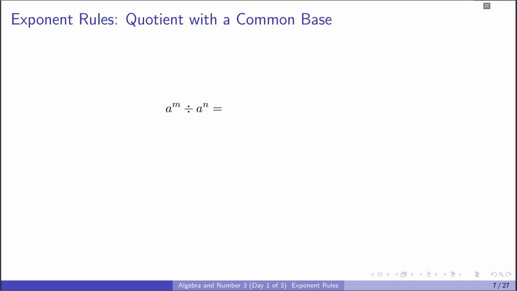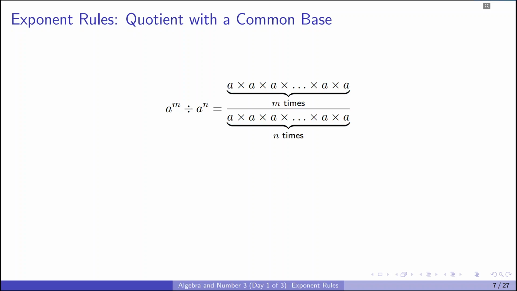Now, a quotient rule. Quotients with a common base, meaning this is a to the m divided by a to the n, not b to the n or c to the n. Well, again, that's m copies of a in the numerator, n copies in the denominator. We keep canceling until the lowest number is gone.